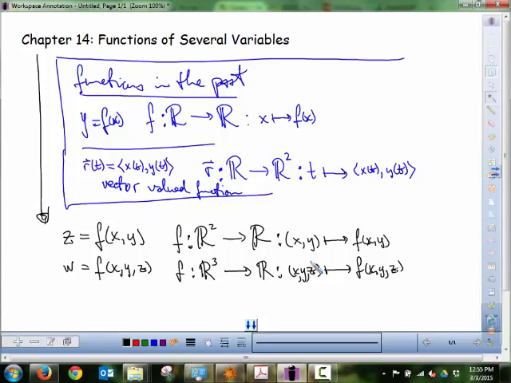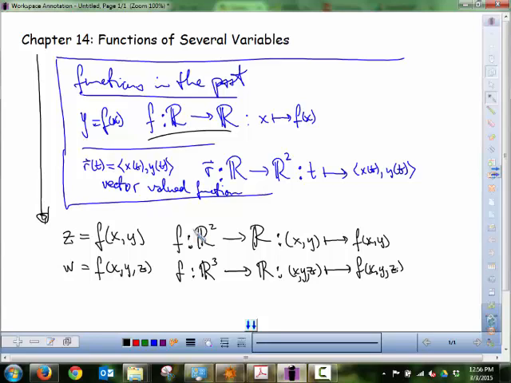The purpose of this is to take a look at another type of function. So we've taken a look at the simple functions from R to R, and we took a look at vector functions and imagined how curves would look. Now this is just another function that we can do calculus on. And really, when they say multivariate calculus, this is what they mean.